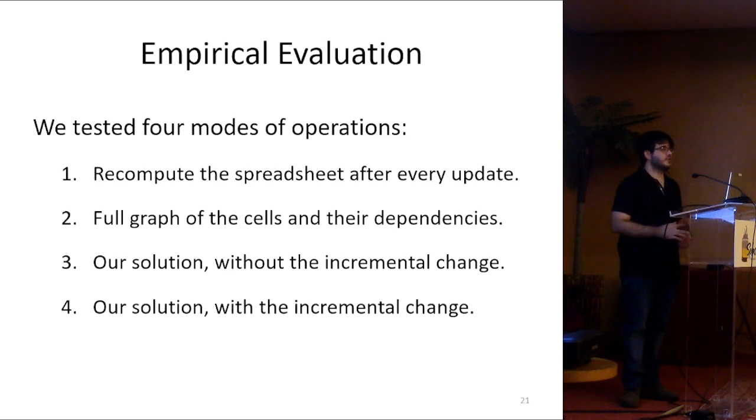The first 2 are the naive solutions. The first one is to recompute the spreadsheet after each update. The second mode of operation is a full graph of all the cells and their dependencies. Modes 3 and 4 are our solution. Mode 3 is our solution without the incremental change, without the delta, and mode 4 is the full solution with the delta.